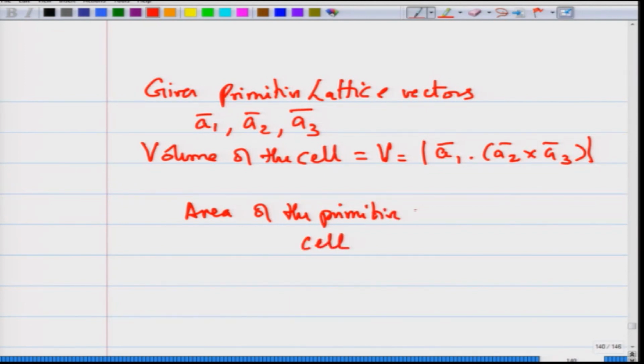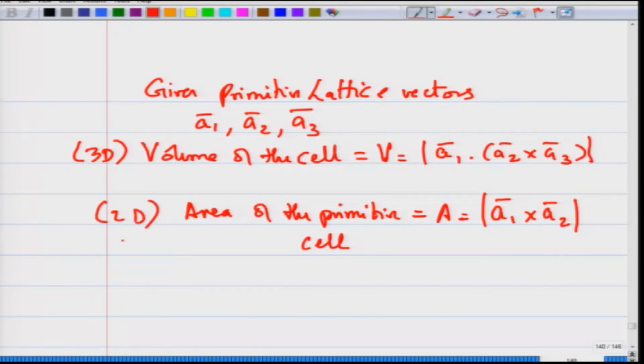The area of the primitive cell is nothing else but the magnitude of A1 cross A2. So, if you have 3D, you have a volume of the primitive unit cell which has to be minimum, okay, and that you translate across the entire cell. If you have 2 dimensions, you can also define the area of the primitive cell.